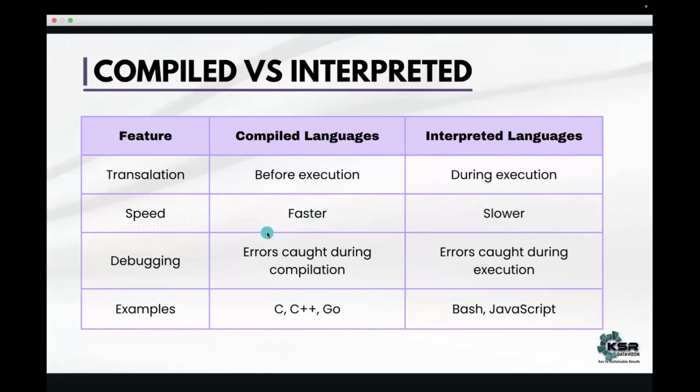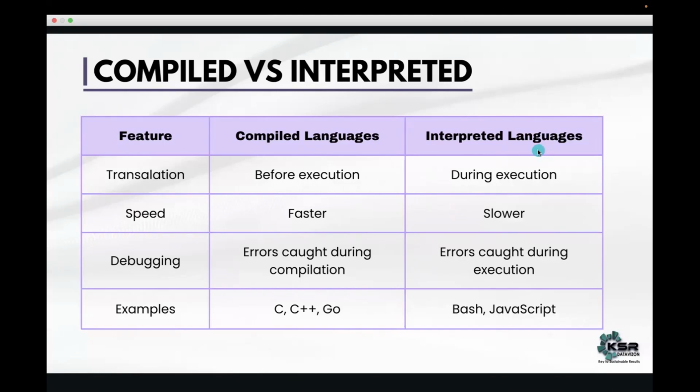Next is speed. Compiled languages are faster. Interpreted languages are slower. Sorry, I told the definition of compiled languages but forgot to tell the definition of interpretation. In compiled languages, we compile and get the machine code and we execute that machine code. In interpreted languages, it doesn't work like that.